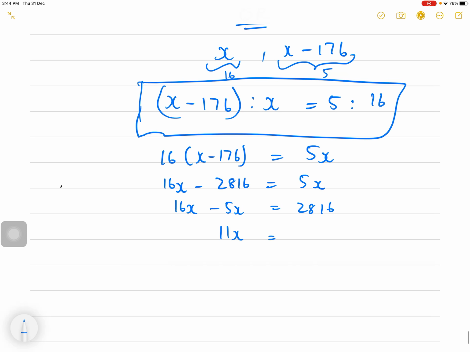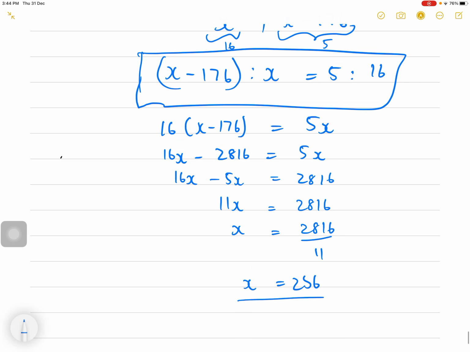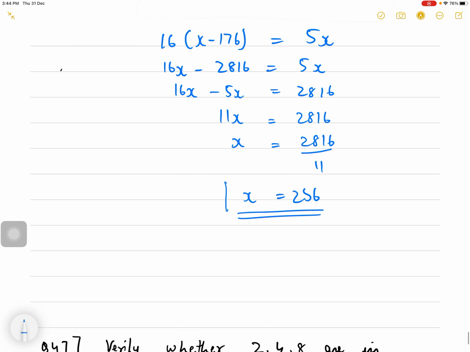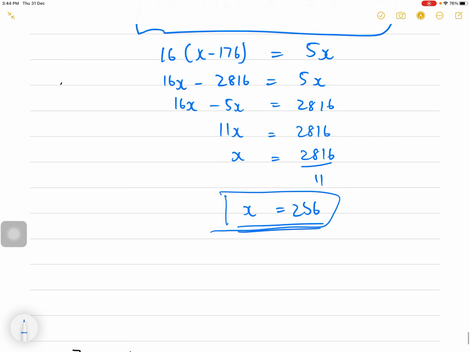So 11x is equal to 2816. X is equal to 2816 divided by 11. So x is equal to, this comes to 256, the second number, the bigger number, because now in my assumption x is my bigger number, so x is 256, right?